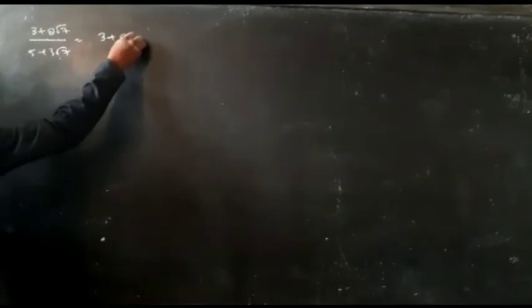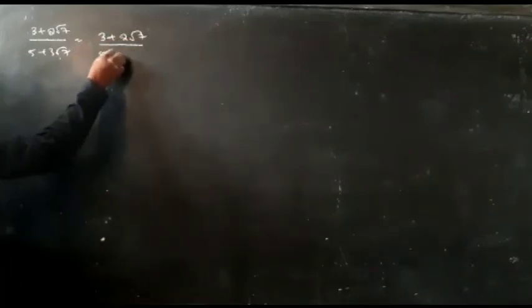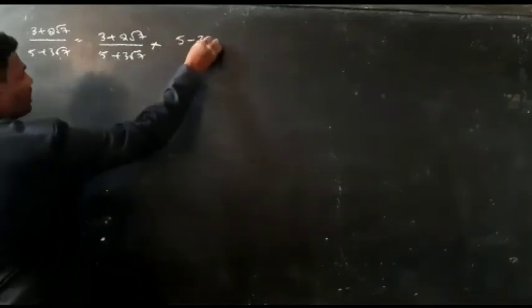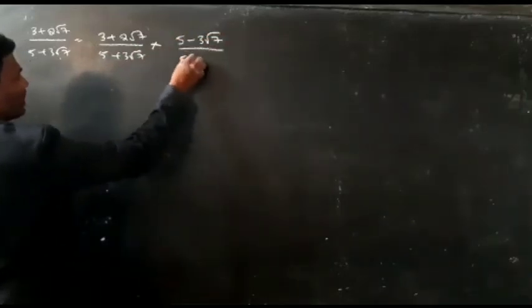Here, the rationalizing factor of 5 plus 3 root 7 is 5 minus 3 root 7. So it is 3 plus 2 root 7 by 5 plus 3 root 7, into 5 minus 3 root 7 by 5 minus 3 root 7. Now multiply the numerators and multiply the denominators.